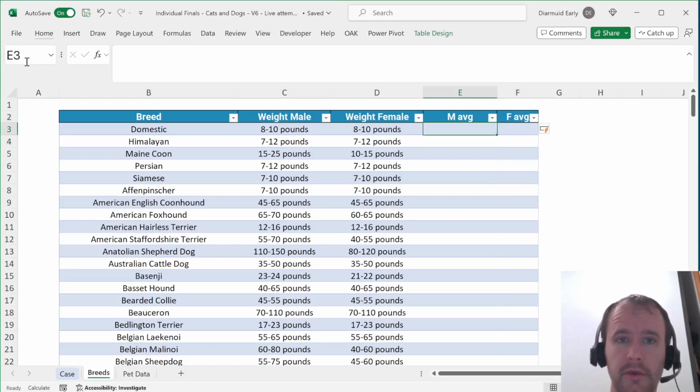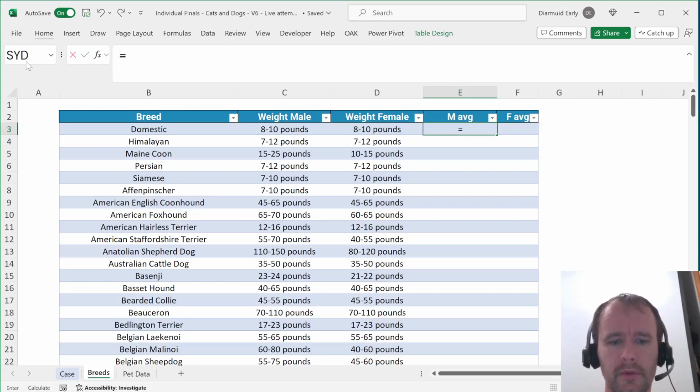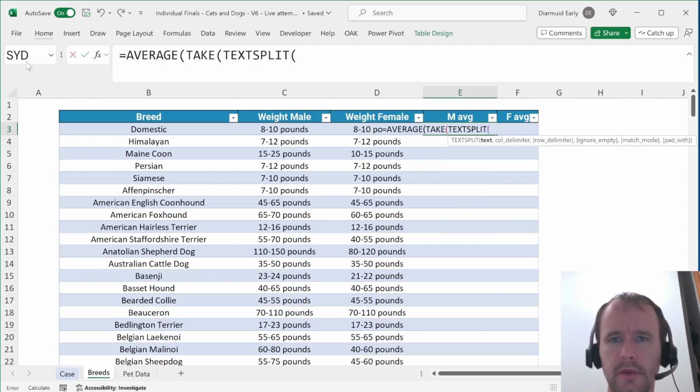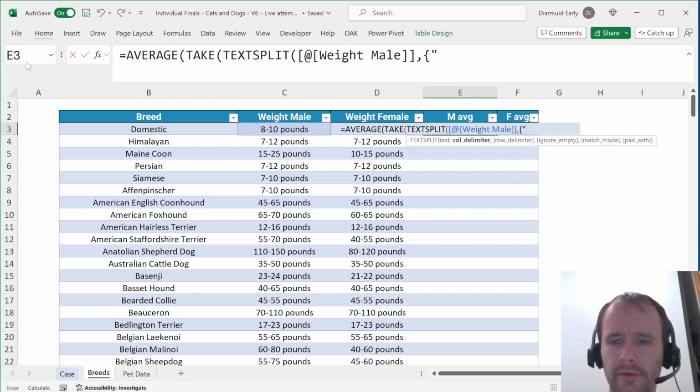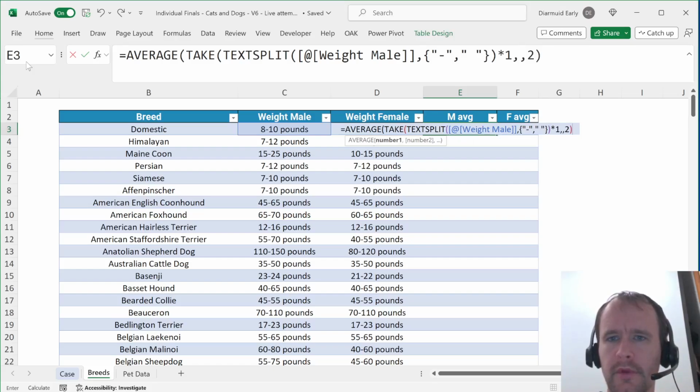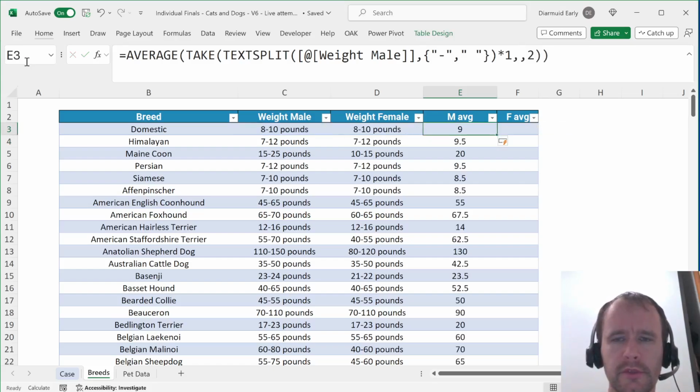That will be equals average of take of text split of this by delimiters of dash and space. So we text split that, multiply by 1, take the first 2 columns, take the average of those, and that seems to work fine.